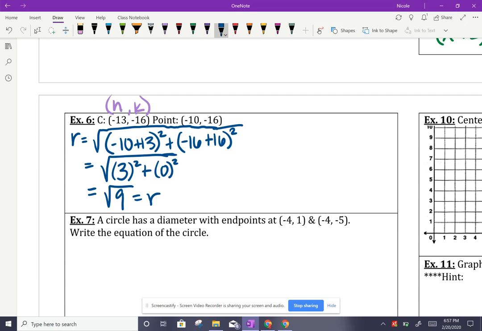My radius is 3. So now I have my radius. I have my center point. So I can write my equation. It's going to say, x plus 13 squared plus y minus negative 6 squared equals radius squared, which is 9.